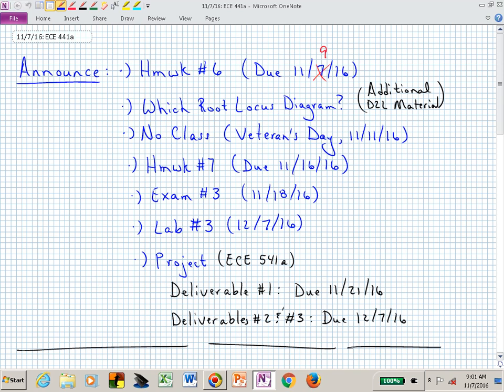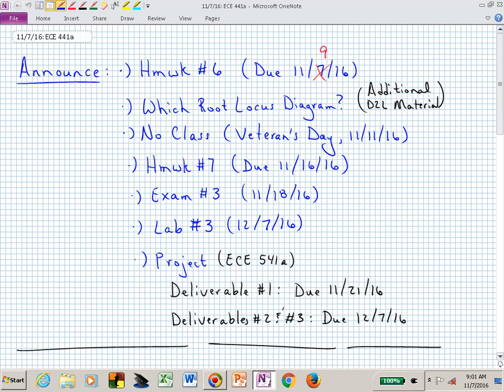Those two topics, root locus construction and root locus design, will be the contents of exam number 3, and the structure of exam number 3 is a little different than what you've seen before. It's now 9 problems, but they're more breaking down the steps that you might have to do in a root locus sketch, meaning now you don't have to sketch a complete root locus diagram and get 0 points.